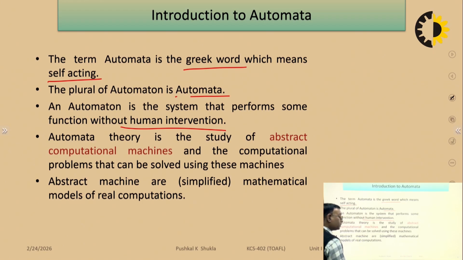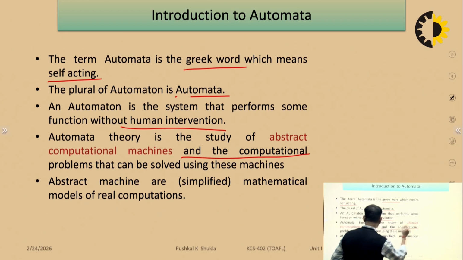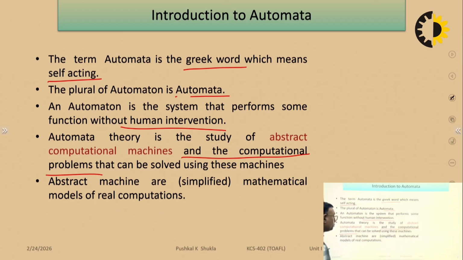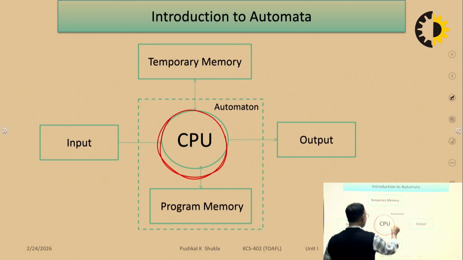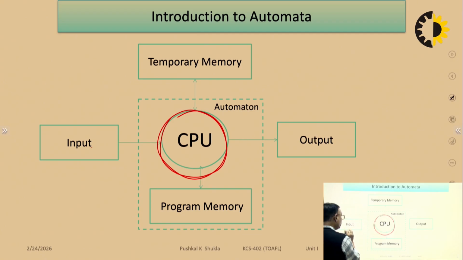Automata theory is the study of abstract computational machines and the computational problems that can be solved using these machines. Abstract machines are mathematical models of a real computation. Here we see the CPU, which is used for processing.